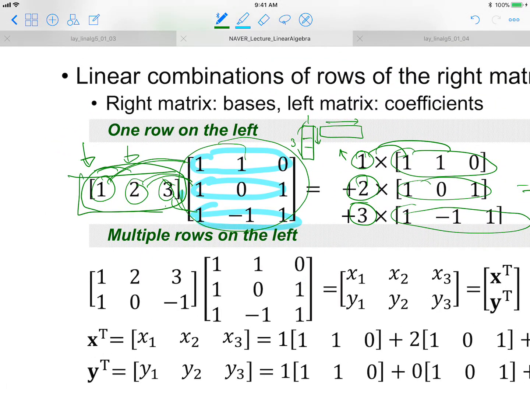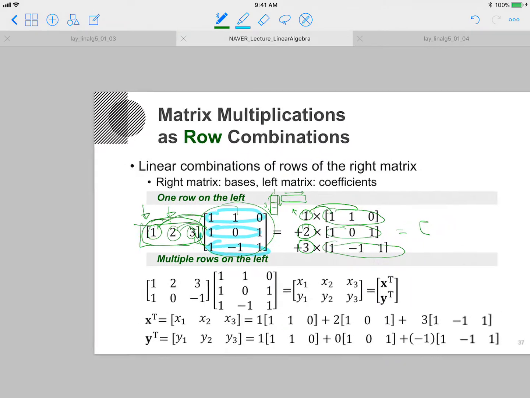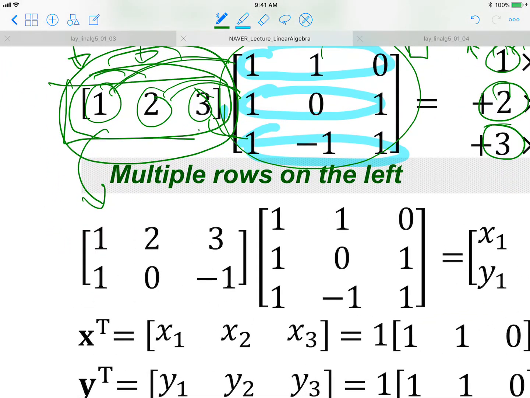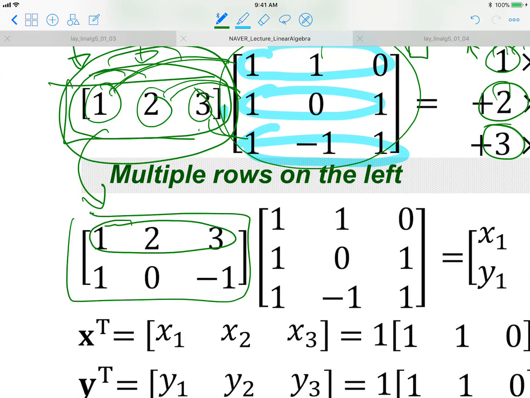Okay, and then we can also generalize it into a matrix-matrix multiplication by extending this row combination perspective. In this case, this was a vector, so let's generalize it into a matrix. We now have the first row, and we can now have a second row.